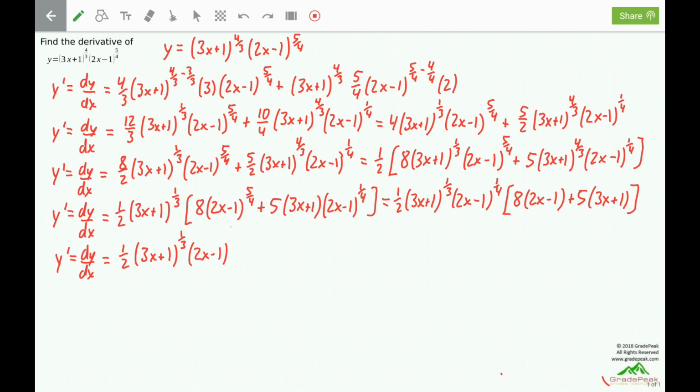a 2x minus 1 to the 1/4, and then inside the square brackets I'm going to now distribute the 8 into here. That will be 16x minus 8, and I'm going to distribute the 5 into here, and that will be 15x plus 5.